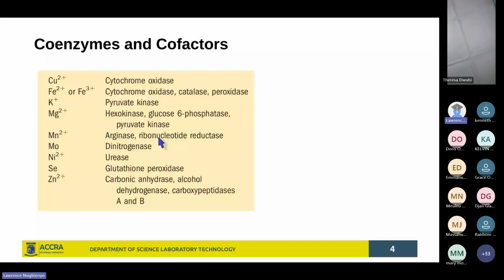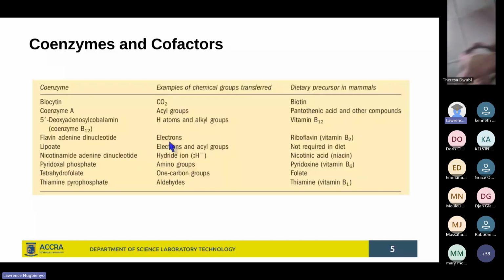Then we see coenzymes. So what we just looked at in the previous slide was cofactors. Those were metal ions. Now we are looking at coenzymes. So the coenzymes, I mentioned that they are some organic compounds.